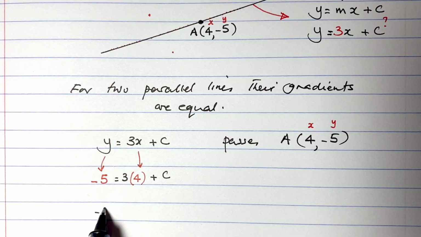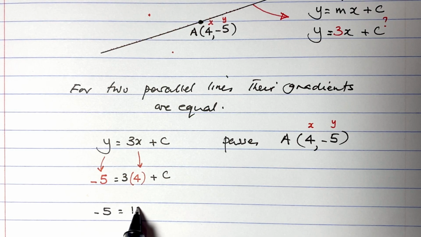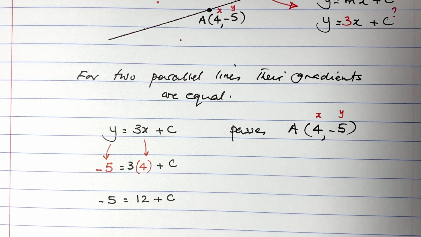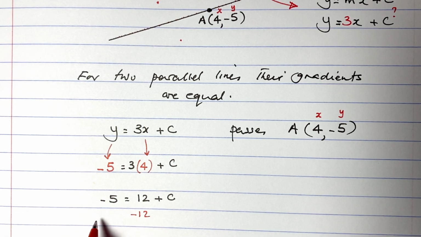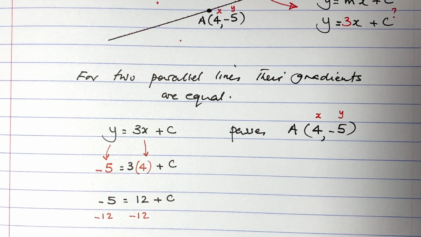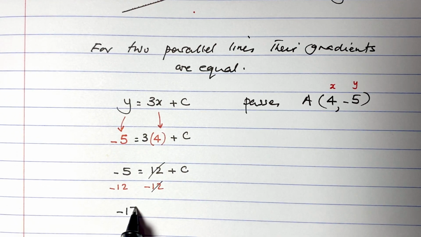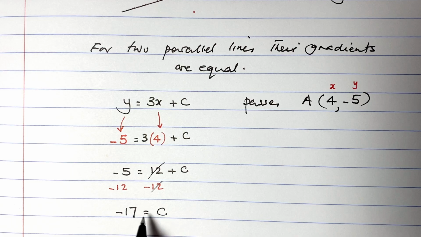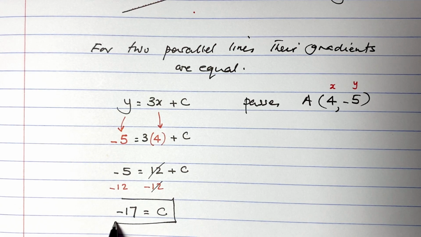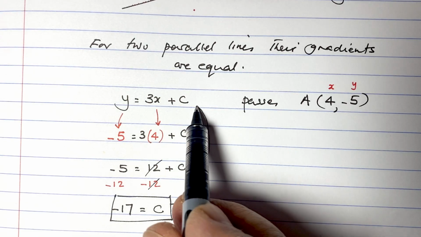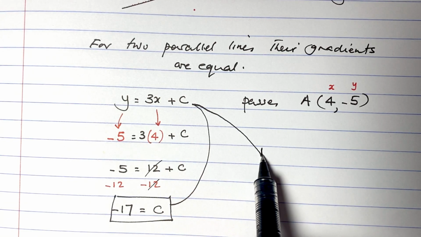So you can see it's only one equation in terms of c now. Minus 5 equals 12 plus c. Remove 12 from both sides. Minus 17 equals c. In order to find the full equation of the line, just replace it in there.